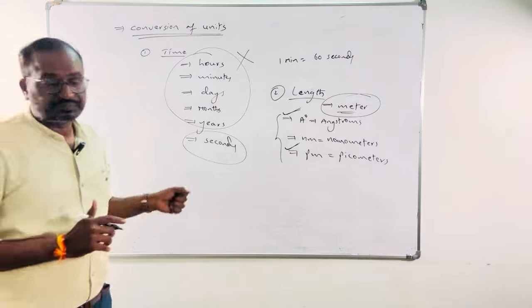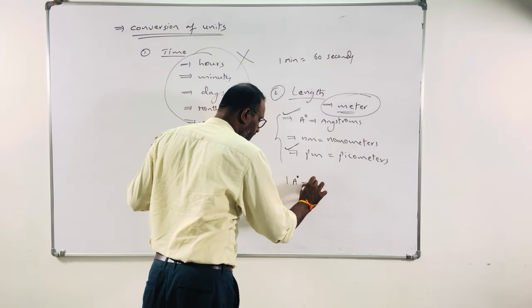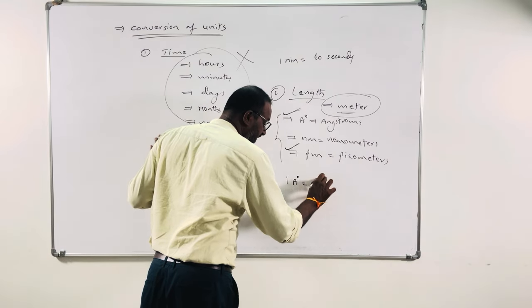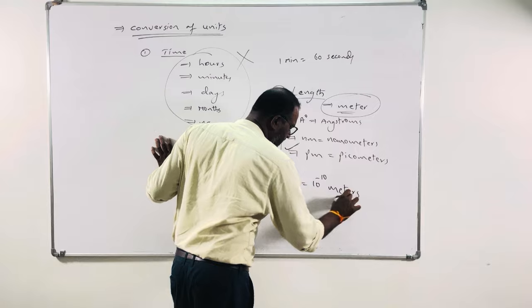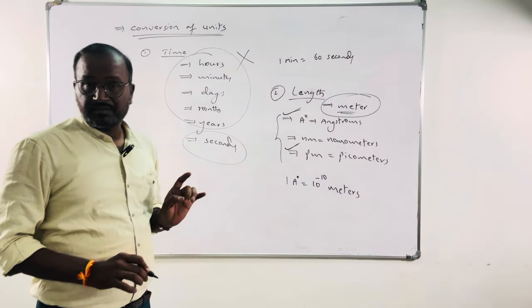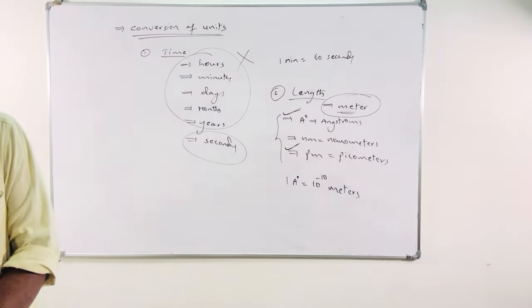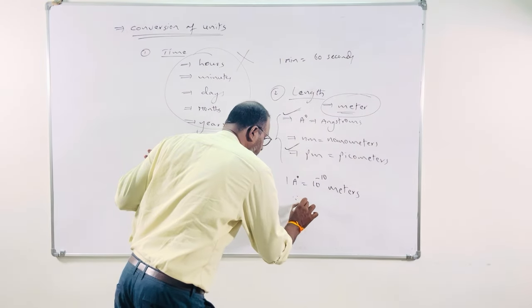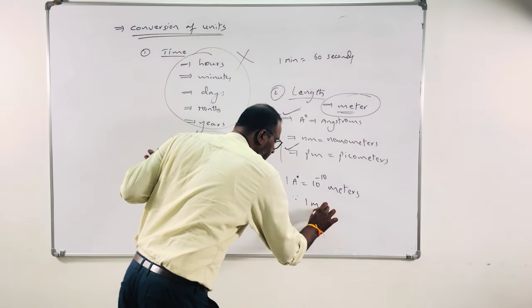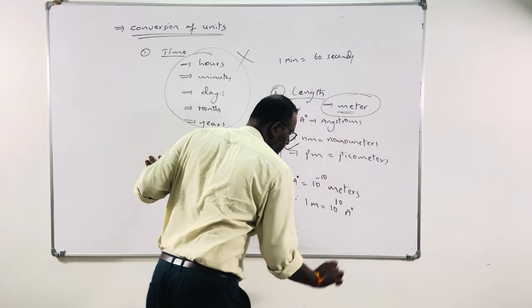And we know 1 angstrom equals 10 power of minus 10 meters. Why? Because 1 meter equals 10 power of 10 angstroms.